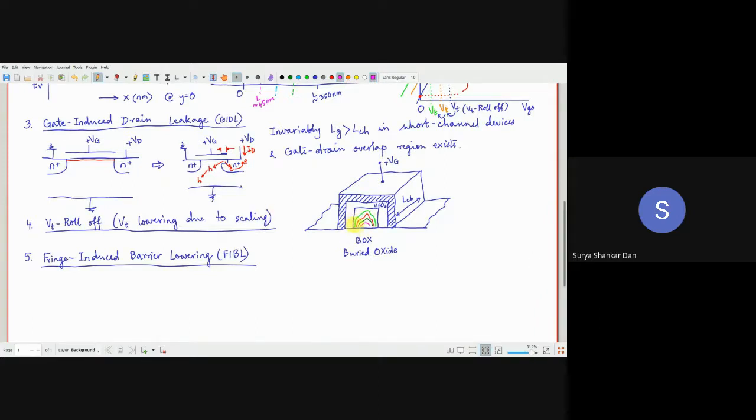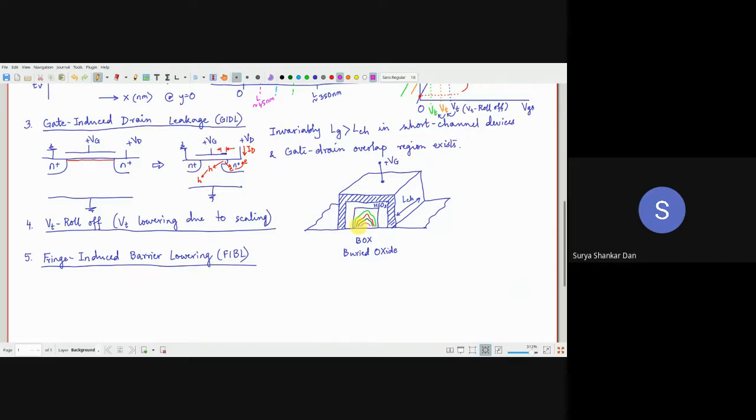So even though you have made the structure like a pointed, nicely looking rectangle, the actual fringes will be like this. The potential profile will be like this. So what is the situation here? Even though you imagine or expect that the channels should be perfectly aligned with the surface, it never happens.